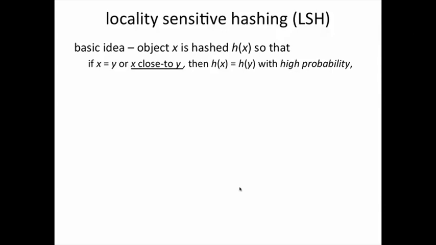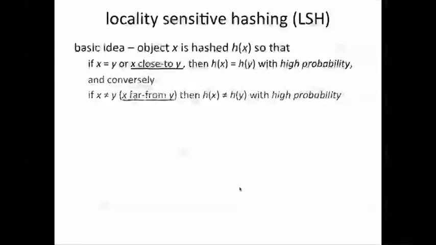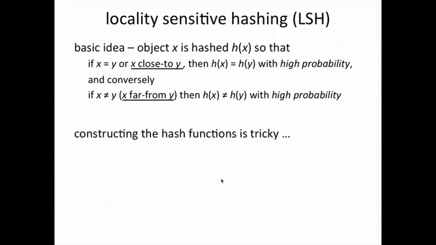It's hashing which is sensitive to things being close together or in the same locality. And conversely, obviously, if x is not close to y, rather x is far from y, then the two hash values will not be equal with a high probability. Of course, constructing the hash functions themselves is quite tricky.